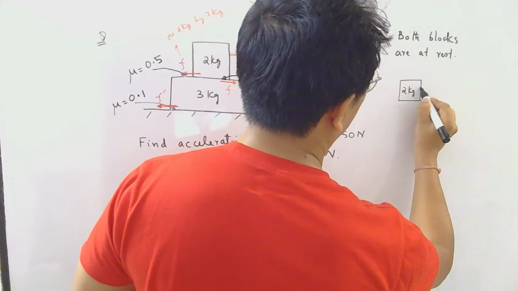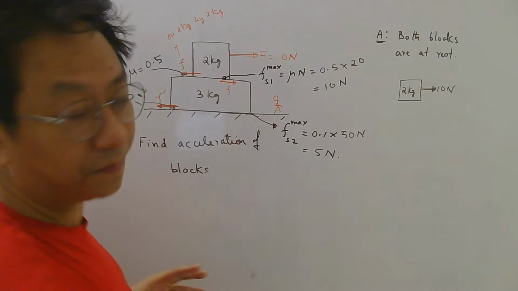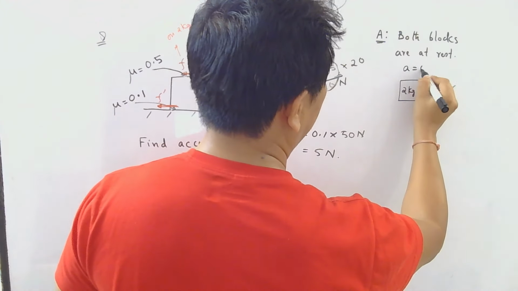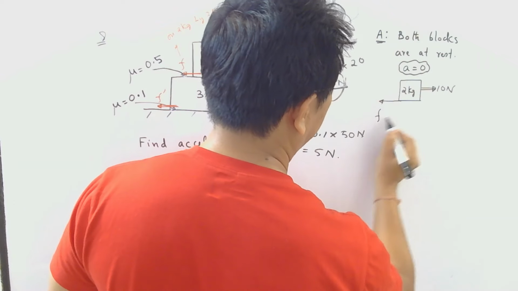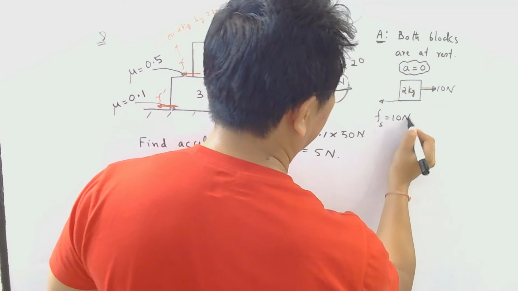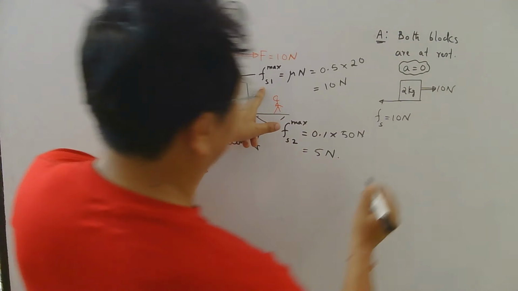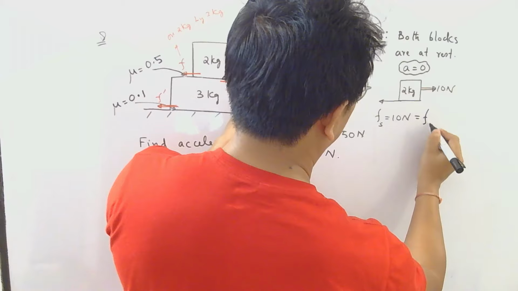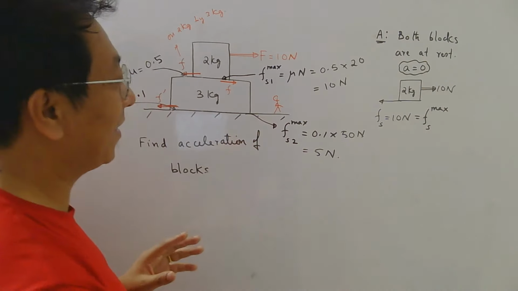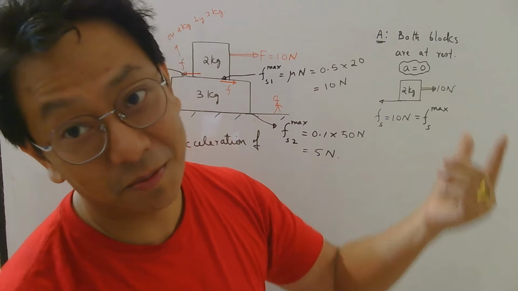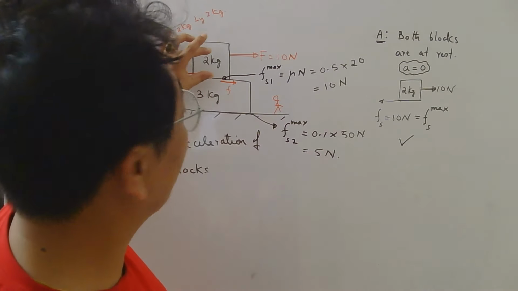You are applying 10 Newton, and to keep this block at rest, meaning acceleration is 0, how much static friction do you need? 10 Newton only. And compare that 10 Newton with the max static friction. It is exactly equal to the max value. Right? 10 Newton here. Isn't it? And can your marks be equal to maximum marks? Yes, it is possible. So it is possible that the upper block can be at rest.